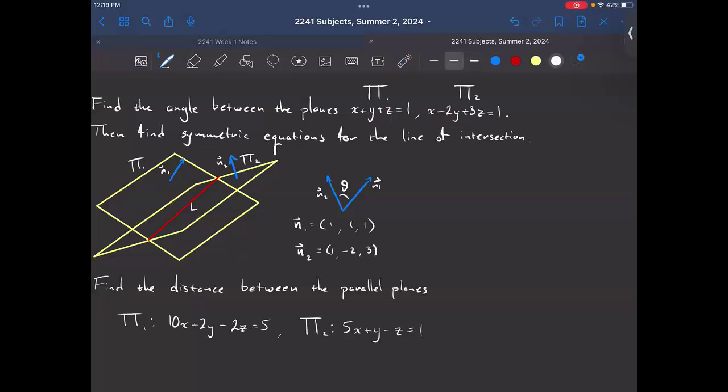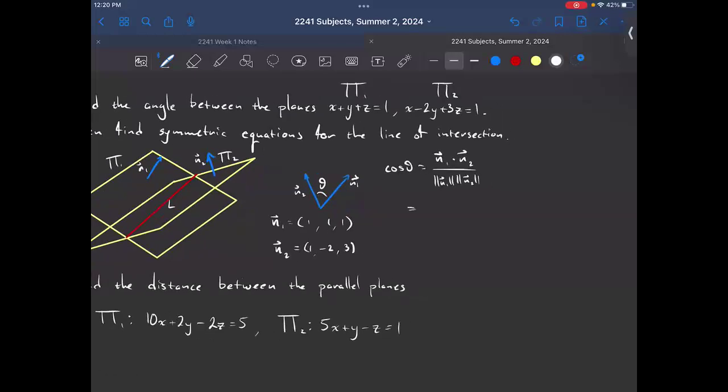All right, so what do we do? Well, we have a formula for the cosine of the angle between these vectors, and that is the dot product of n1 with n2 divided by their norms. All right. So let's see, the dot product of these guys gives me 1 minus 2 plus 3, and that is positive 2, I believe, on top.